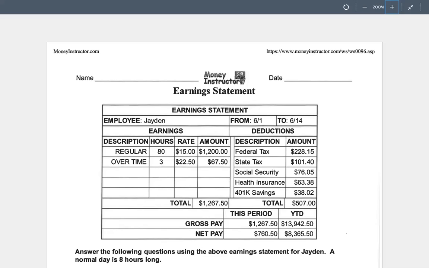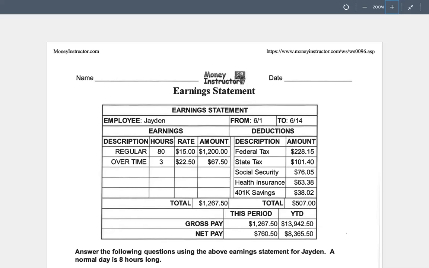So the total for his deductions, the things that were removed from his paycheck, added up to $507.00. Okay. So you take the $1,267.50 and you subtract $507, and that is your net pay. So if you look down here at the very bottom, it says net pay, N-E-T pay.